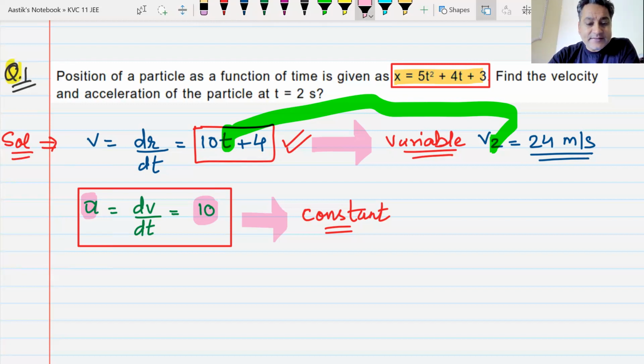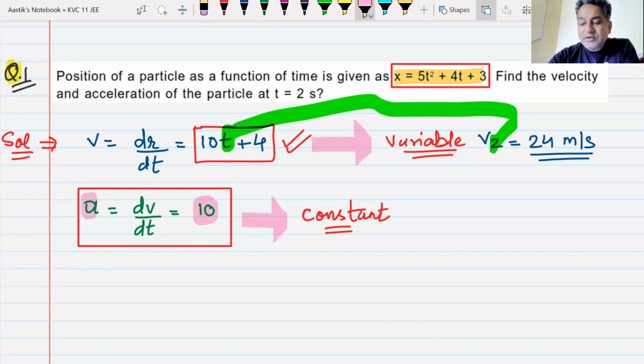That means when the acceleration is constant, whatever you say will remain same about acceleration, and we will see it in the equations that we are going to do just now.